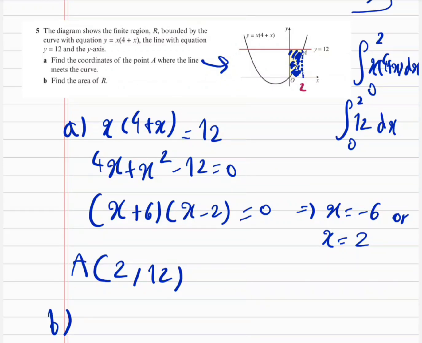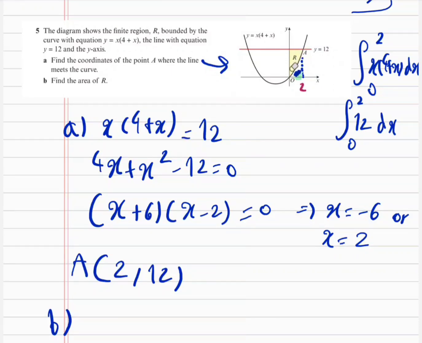The area of the curve between 0 and 2 is exactly this part, shaded in green, the part that we don't want. So the area under the line gives us the total area, and the curve gives us the unwanted area. We just need to do a subtraction, and we'll get the area of the region that we want, which is R.